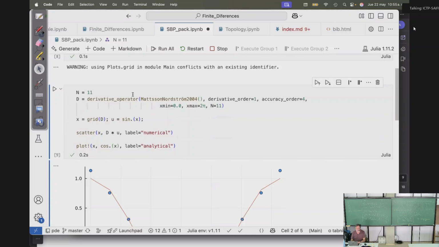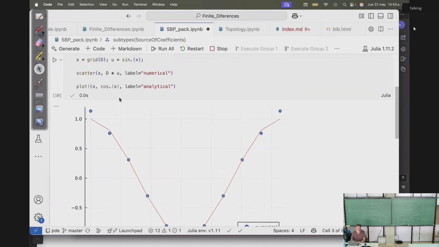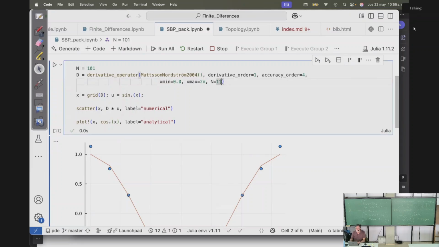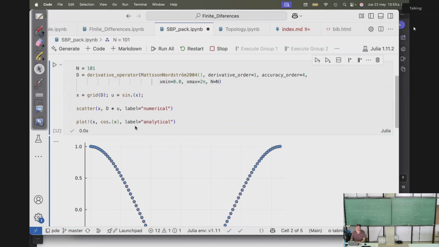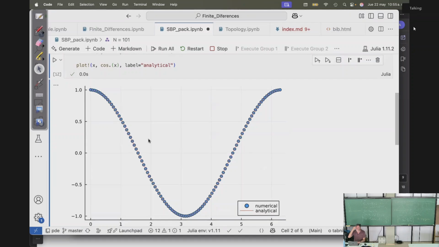Let's put, I don't know, 100 points here. And you see that it is already very good, even at those points.